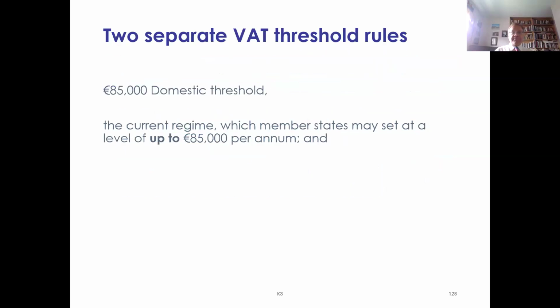There will be two separate VAT thresholds. The €85,000 domestic threshold, the current regime, which member states may set up to a level of €85,000 per annum. Note that the UK one is higher than that figure now.